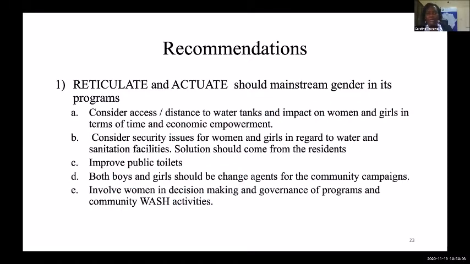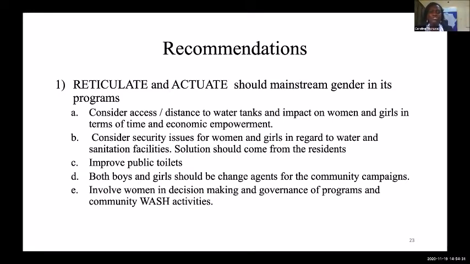The recommendation is that whatever programs we have should always have a gender mainstreaming aspect. I know Work Package 2 has a very good social program. I see that they're taking into consideration all the roles of women and girls, so that's already taken into consideration.